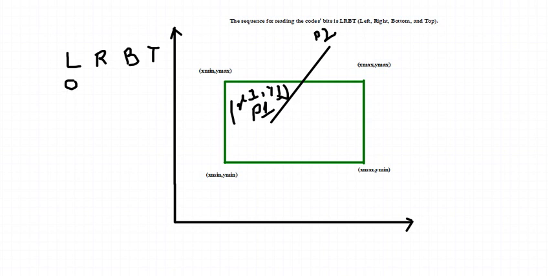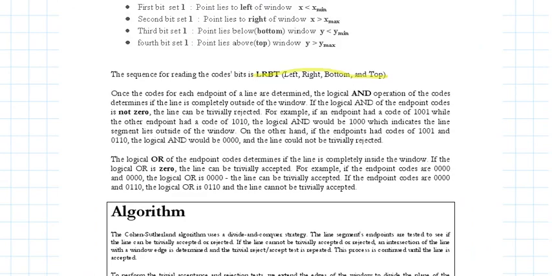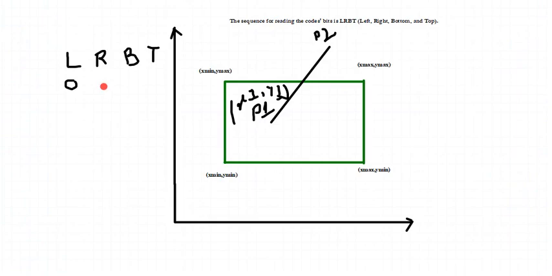Now come to the R bit. Second bit, that is the R bit, will be set to 1 if the point lies to the right of the window, that is x becomes greater than x max. R bit will be set to 1 if x1 lies to the right half space with respect to x max.